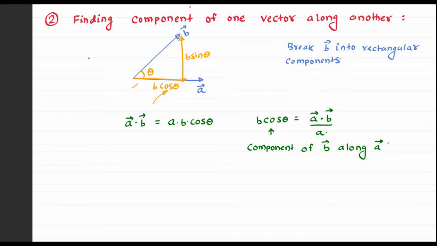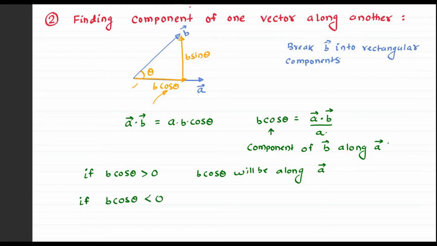Okay. Also, please remember, if B cos theta is greater than 0, then B cos theta will be along A vector. And if B cos theta is less than 0, B cos theta will be opposite to A vector.